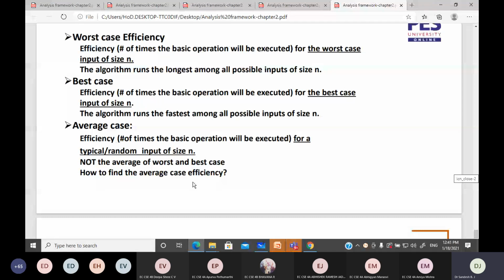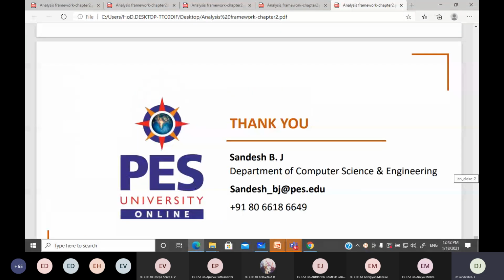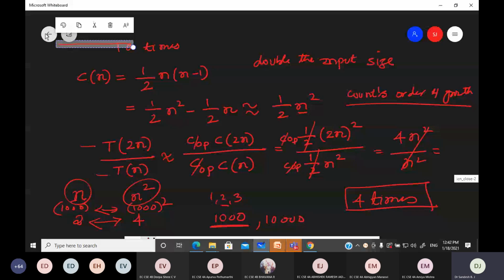So for the average case, there may be different kinds of input wherein the key element could be found at the first, second, third, fourth, or at the nth position. So the probability of finding the element in a given position depends upon the type of input. So that's what we are going to do to find the average case efficiency. Let me show you how we are going to find it.